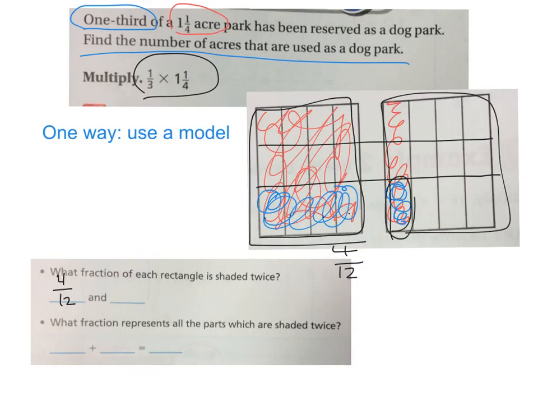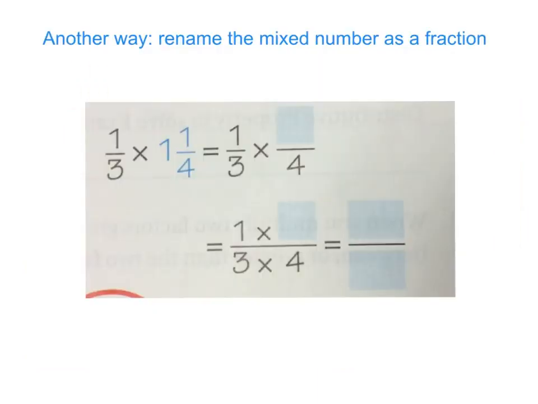How many sections are shaded in twice? 1/12, right? So over here I have 4/12 and over here I have 1/12. Altogether, how many 12ths are shaded in twice? 4/12 plus 1/12 equals 5/12. So 5/12 represents all of the parts in these two rectangles that are shaded in twice.